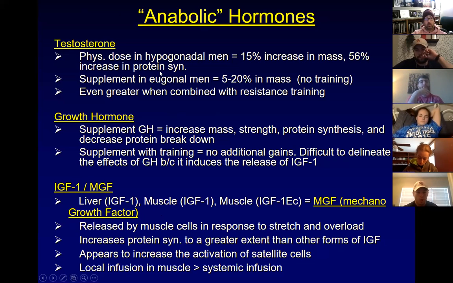Okay, so what we know is if we take men that are what we call hypogonadal men, so these are men that do not produce enough testosterone. Okay, if we give them a physiological dose, if we give them testosterone to bring them from being low back up to a normal age-associated level of testosterone, we tend to see about a 15% increase in muscle mass and about a 50% increase in protein synthesis rates in those men. Okay?